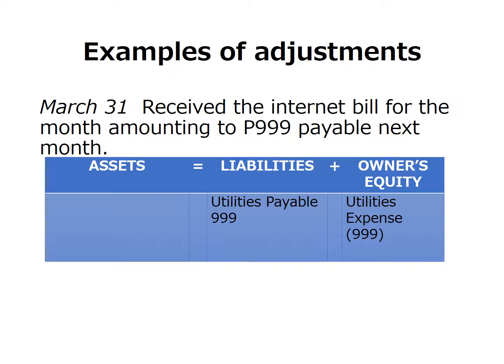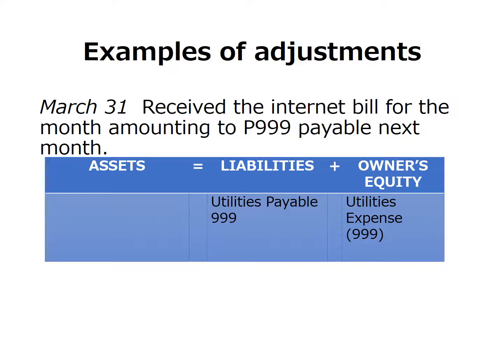So utilities payable increased 999 pesos. Utilities expense increased by 999 pesos with a corresponding decrease to owner's equity for the same amount, 999 pesos. Utilities expense increased because the business had already used the internet service provided by the internet service provider.